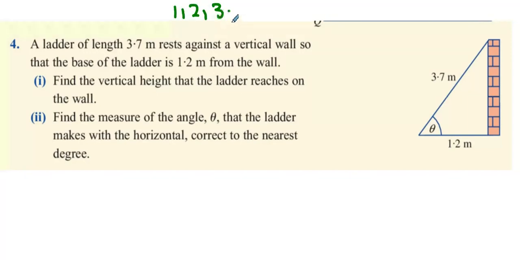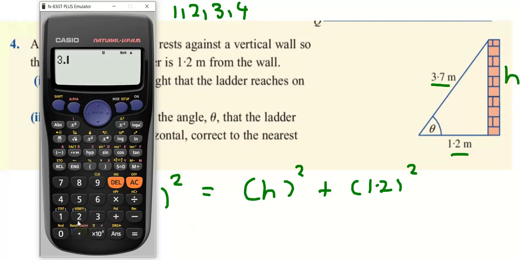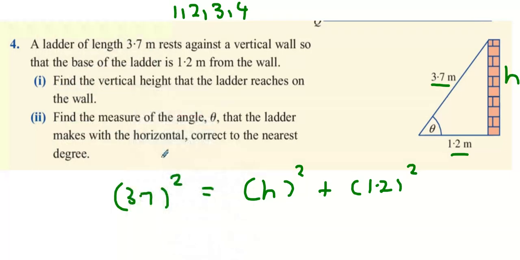Find the vertical height that the ladder reaches on the wall. We're looking for h. This time we don't know the angle, but we know two sides already. This is an indicator we're going to be using Pythagoras' theorem, where the longest side squared equals the smaller sides squared and added together. So we have 3.7 squared equals h squared plus 1.2 squared. Then we use the calculator: 3.7 squared equals 13.69.